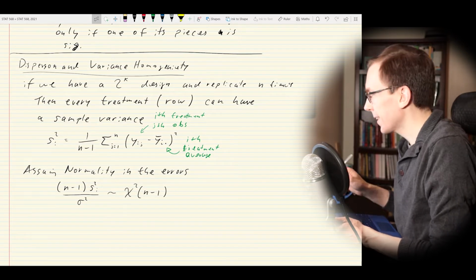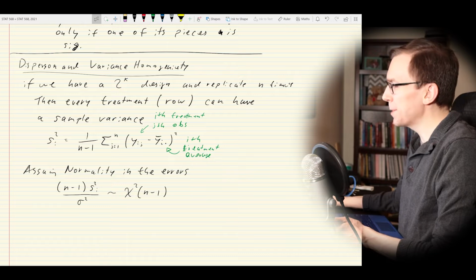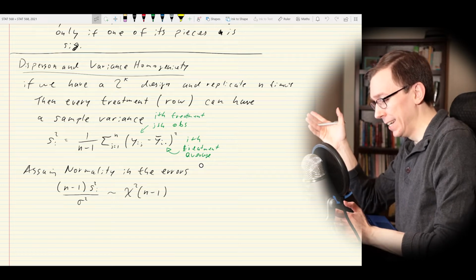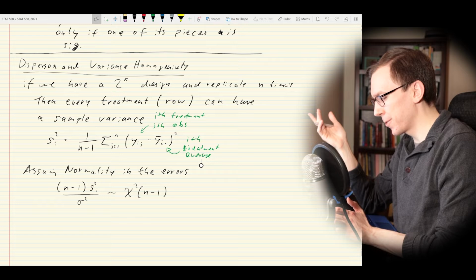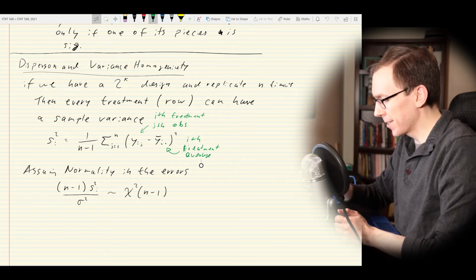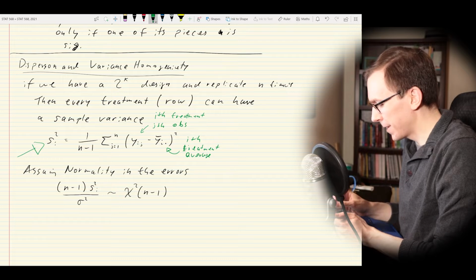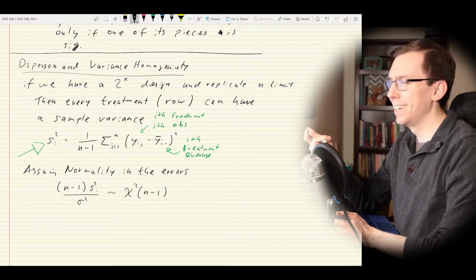Okay, so what do we do with that? What we ultimately are trying to do is come up with a test statistic for testing for variance homogeneity, and we're going to use the fact that we have a bunch of scaled chi-squared random variables here. So these S's are all scaled chi-squared random variables. How do we come up with a test statistic for that?